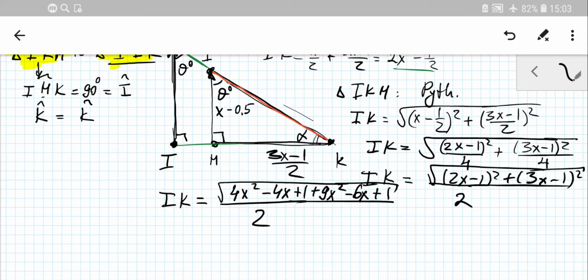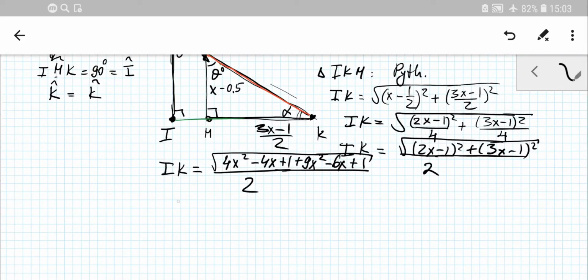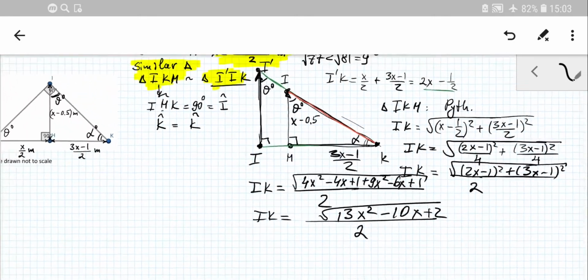Seems to me this task is really long. Okay, next one, IK. So over 2, and let's simplify the top one. It's going to be 13x squared minus 10x plus 2. That's an expression for IK.